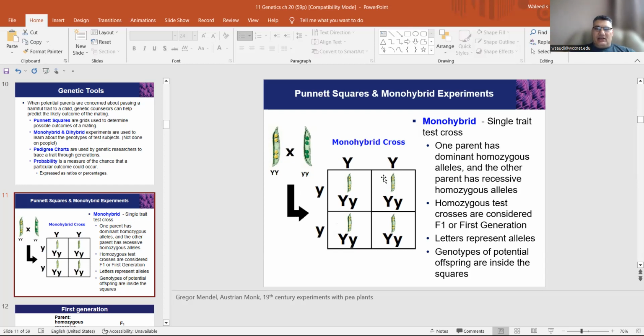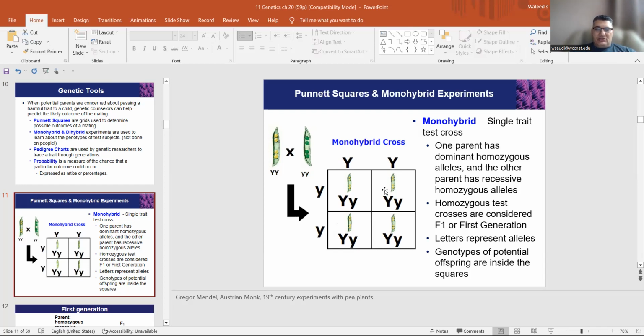So let's say this is yellow, and we know that these yellow beads are the dominant, and this green is recessive. So if one dominant, one recessive, if you do the Punnett square, can you tell me the chances?